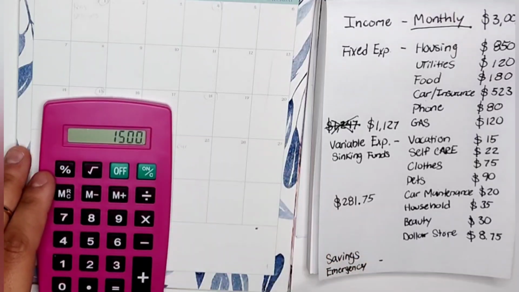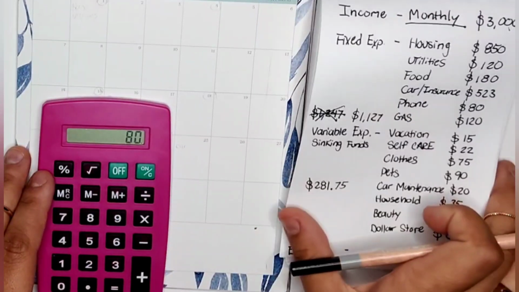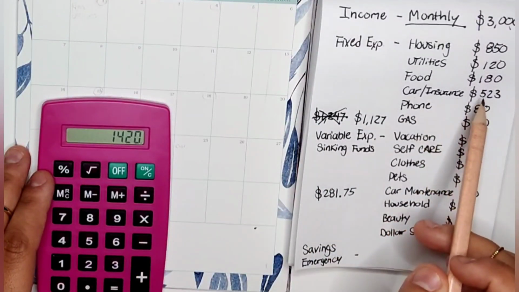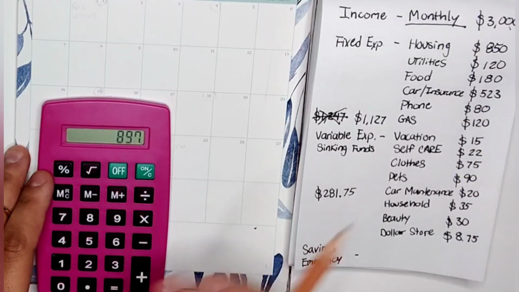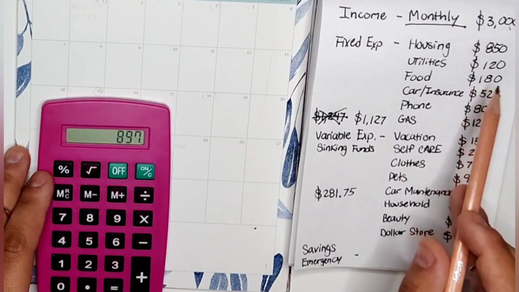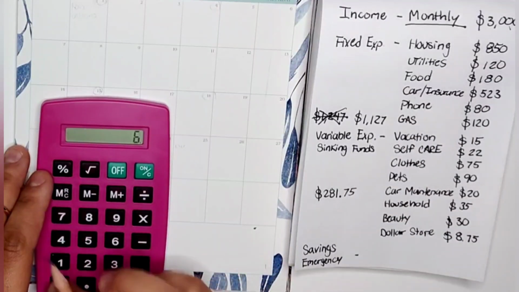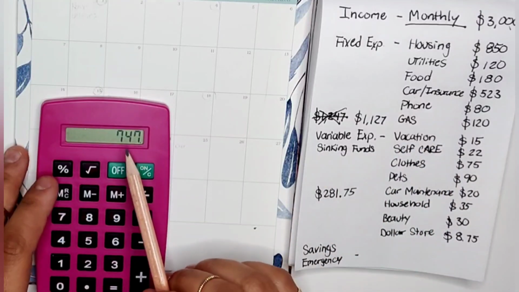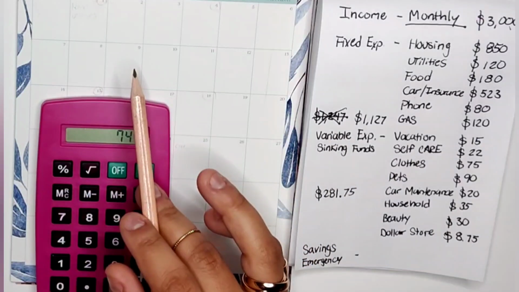So now we are going to subtract our phone, which was $80 that we said over here, and then our car insurance and our car loan, which was $523. And then also we're going to do the second amount for our food and our gas. So subtracting 90 and subtracting 60. So now $747 is left this time, which is different from the first paycheck.